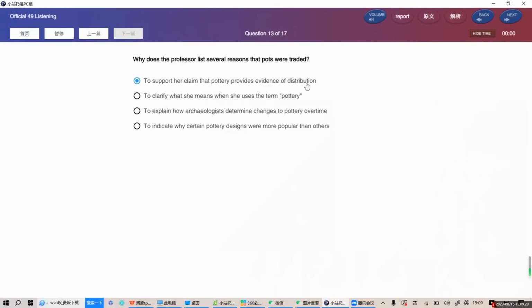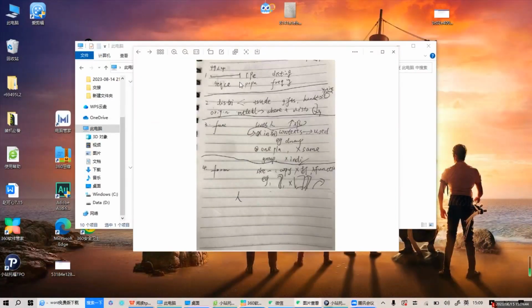Okay, and now for the second question, I want to remind you guys, we need to pay attention to the reasons, explanations, and results. And also another thing, we need to be alert on those examples or facts they talk about, because usually the examples or the facts are to prove their opinions or the assumption or hypothesis.